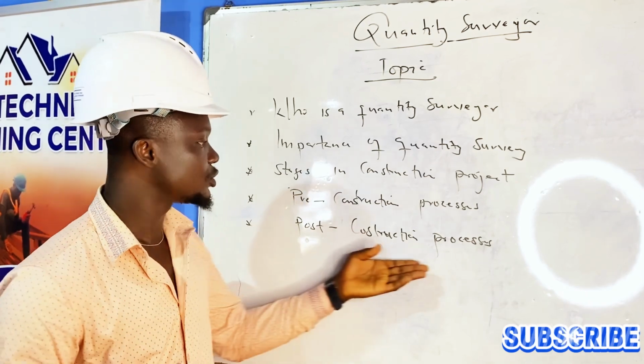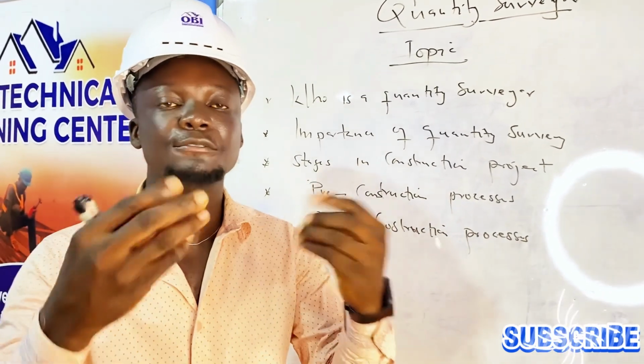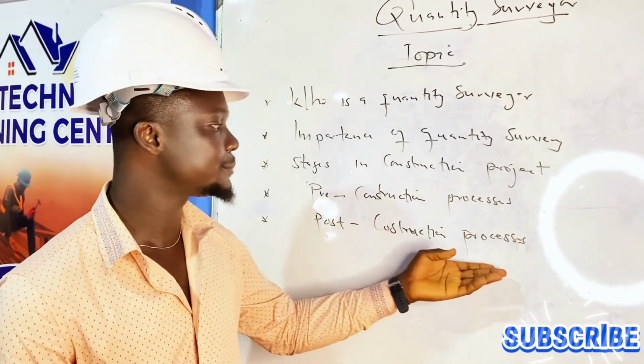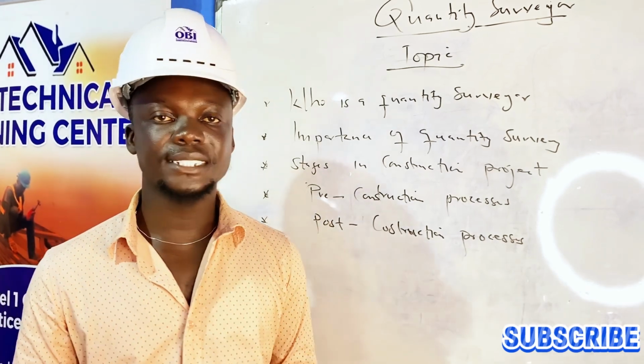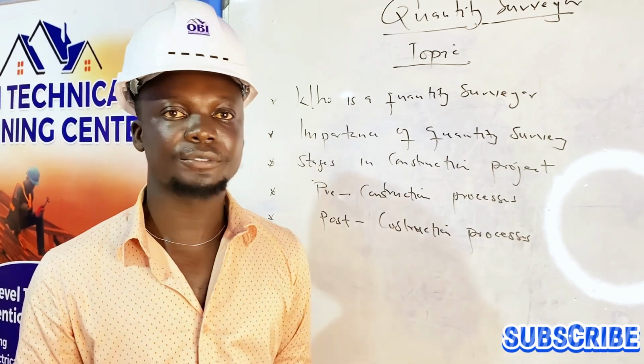When we talk about the post-construction process, these are activities that commence after the contract has been given out to a selected contractor. Some activities that take place are setting out of building works, excavation works, concrete works and all those kinds of things.